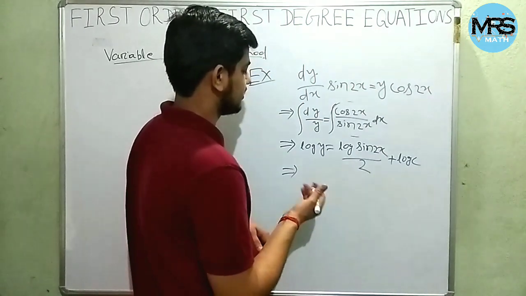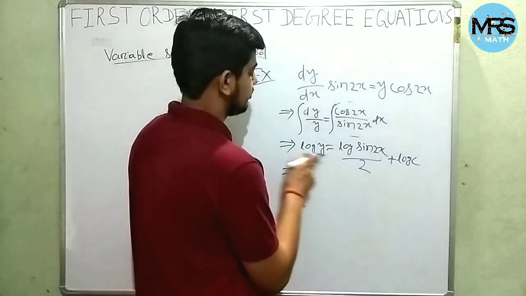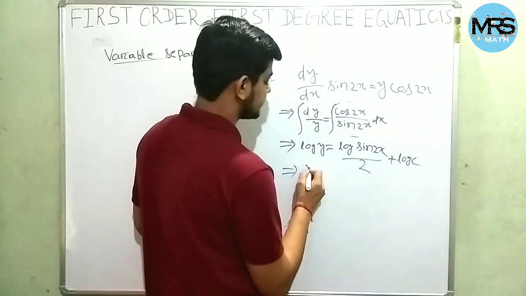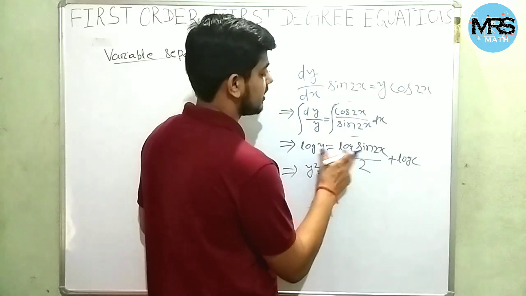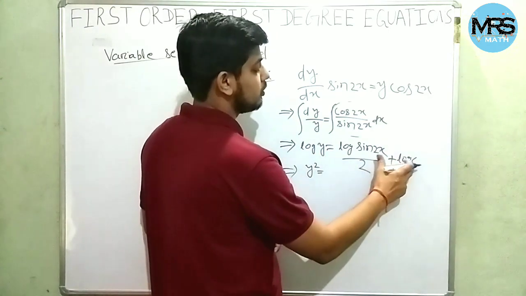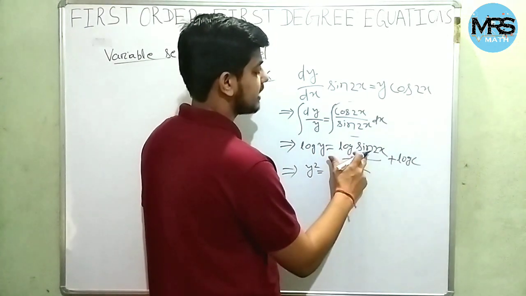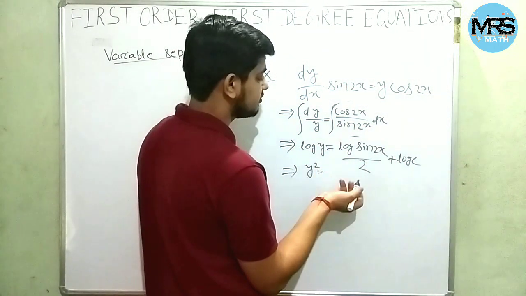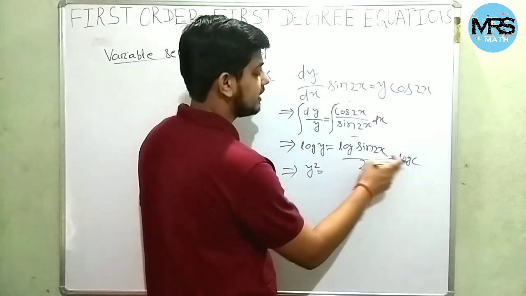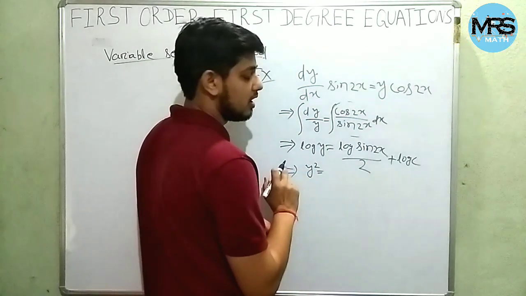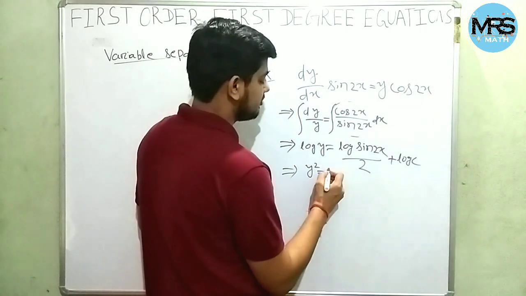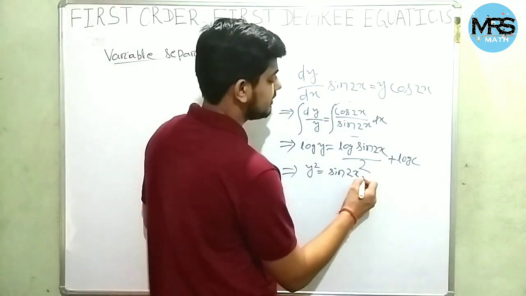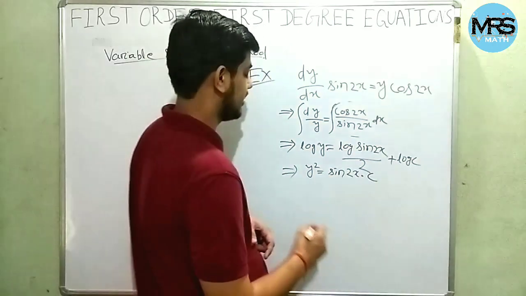Then applying the log property, that will be 2 log y, then 2 will go to the power of y, that is y square, and here log sin 2x, here 2 log c, another constant, so log sin 2x plus log c, and that will be your log of sin 2x into c, and both side log it will cancel. So finally we will get y square equal to sin 2x into c, correct?